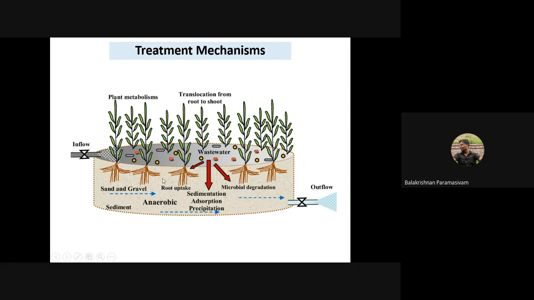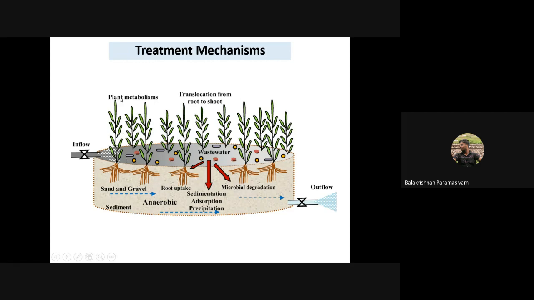In the case of pollutants like BOD, COD, metals, heavy metals and other inorganic compounds, they will pass through the roots, be uptaken, and be stored in the shoots, the plant leaves, stems, all the spots. So this is called phytoremediation.